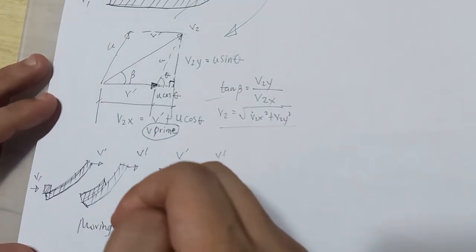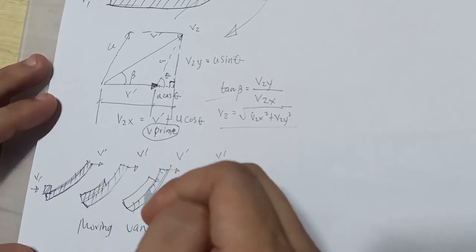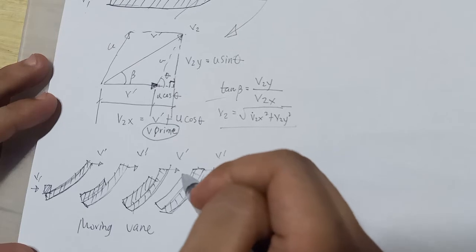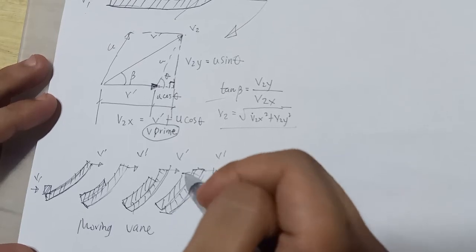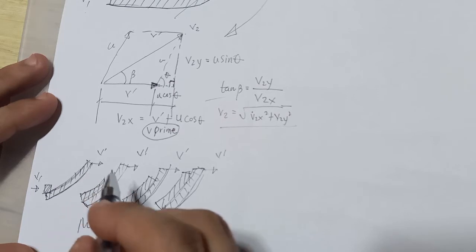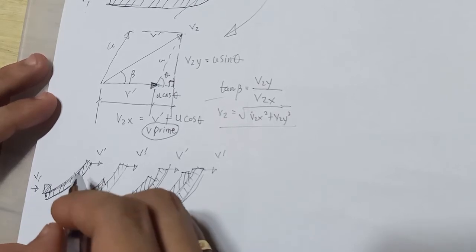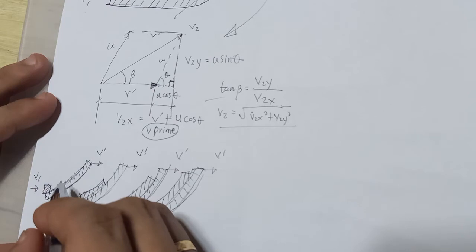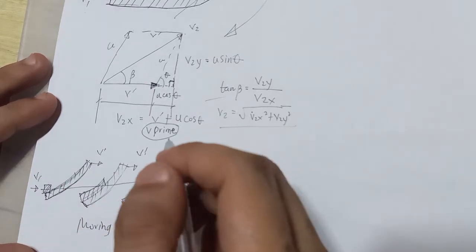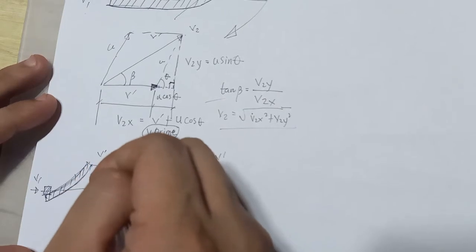Second jet, the third one, and the last. So, mayroon tayong flow na siningan. Way ng relative velocity.